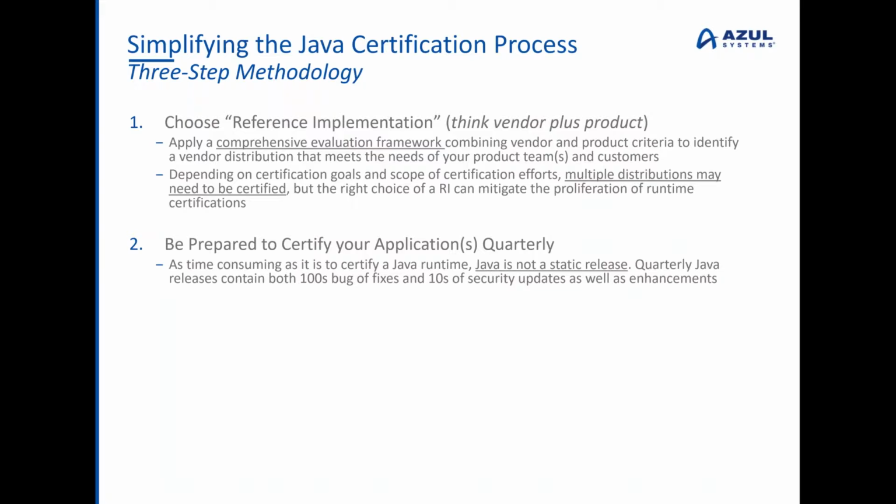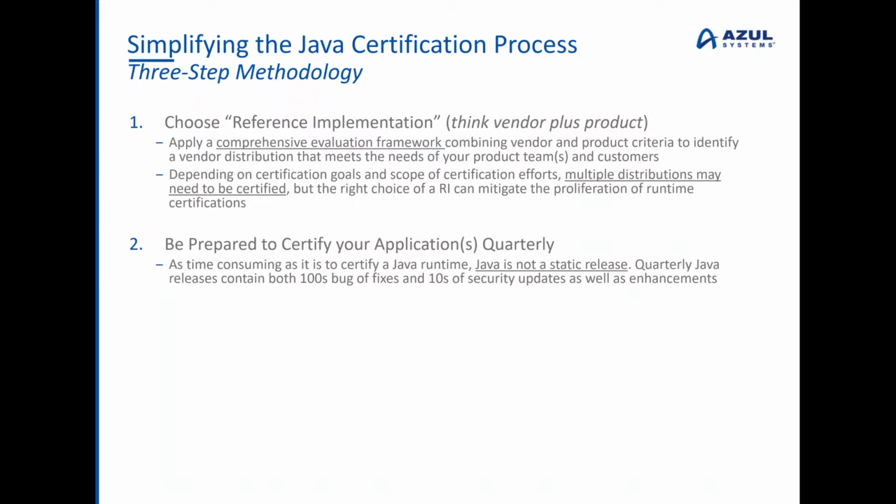But the reality is Java is not a static release. In an individual release on a quarterly basis, there can be hundreds of bug fixes, tens of security updates, and enhancements. That means that you can't simply test a version of, let's say, Java 8 and assume that for the next version that comes out, you can avoid testing.